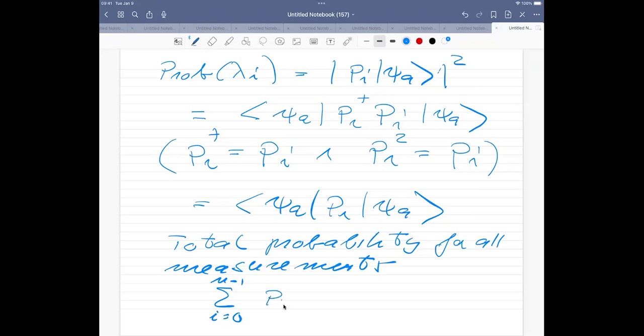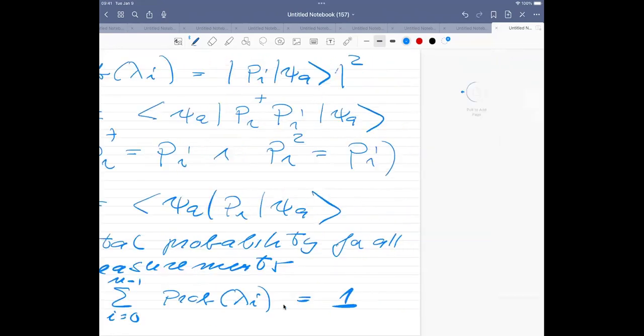We will simply write this as the probability for a specific state lambda i, and this has to sum to 1. That's an important aspect because we assume that these probabilities are normalized.